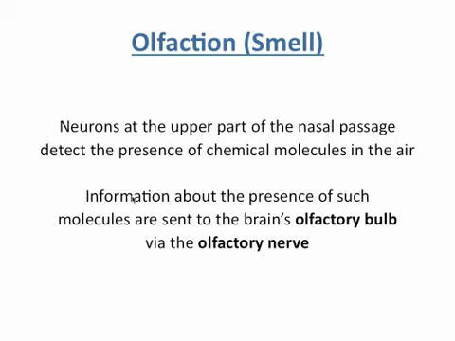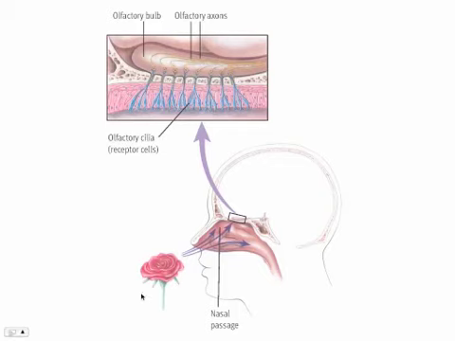Now, the information about the presence of these molecules is sent to the brain's olfactory bulb through the olfactory nerve. Everything's olfactory. That keeps it all simple. So you can look at this, not coincidentally, as a picture of a rose giving off its rosy type molecules that are going to go up into your nose and meet the olfactory neuron fibers right here at the roof of the nasal passage, and those neurons are going to send a message to this olfactory bulb here in your brain via the olfactory nerve.